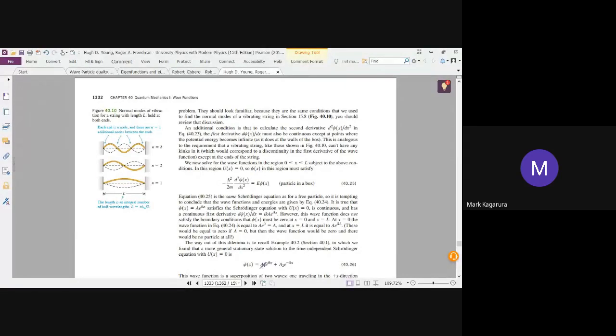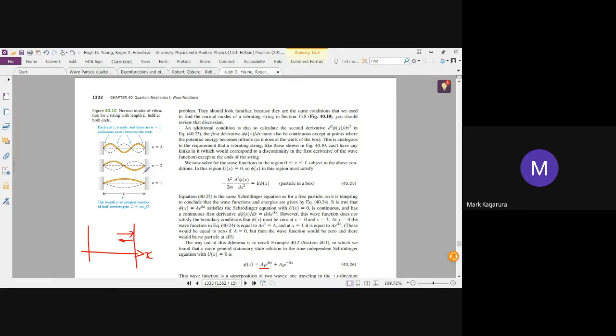This one is sufficient for the free particle. But on this axis, how do we represent the standing wave? You have the wave coming in one direction and going in the other. These two waves are the stationary waves.